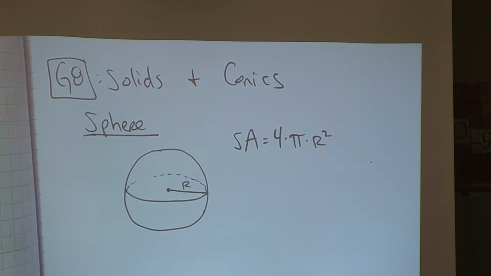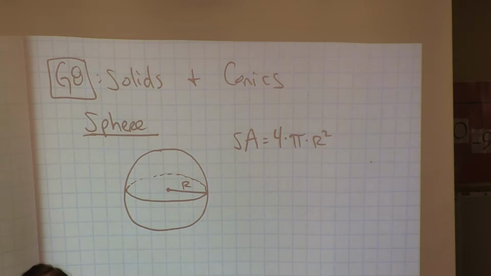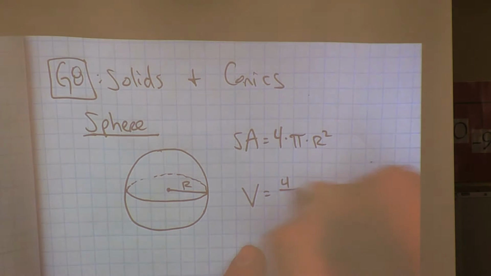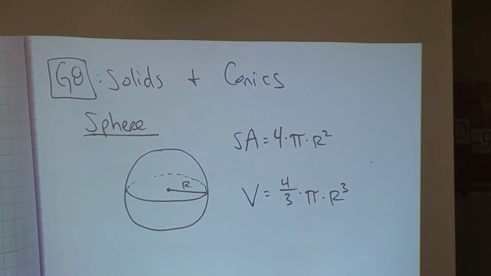You can also write 4r squared times pi. And then the volume of a sphere, and this one's strange, just telling you that right now, is 4/3 times pi times r cubed.